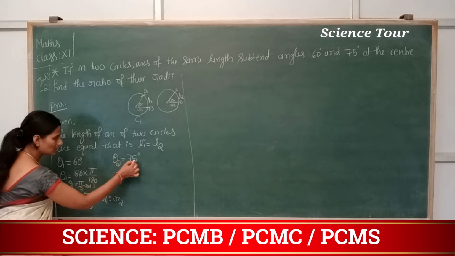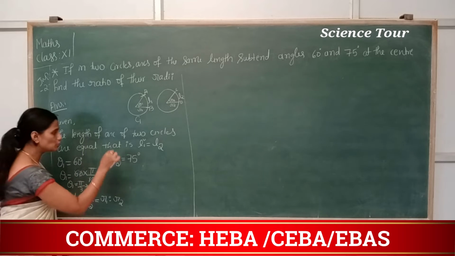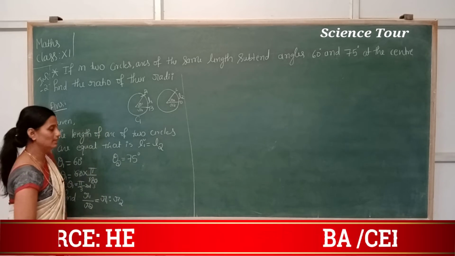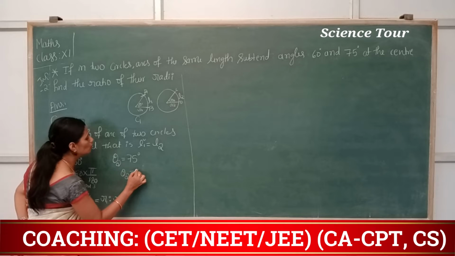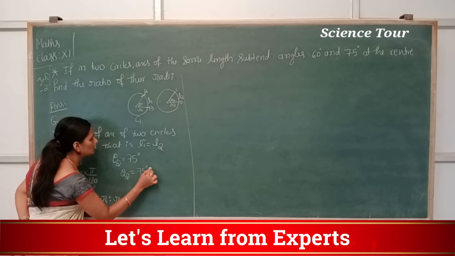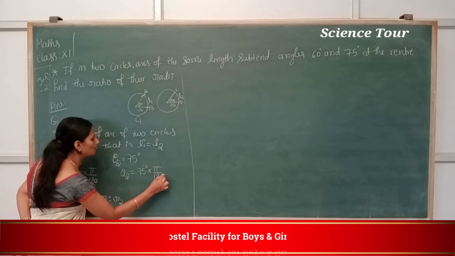Now similarly this theta 2 is also in degree. That should be converted to what? Radian. So how to convert? Theta 2 is equal to 75 degree into pi divided by 180 degree.